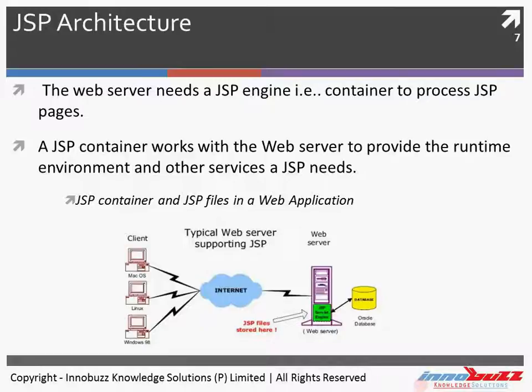JSP files will be stored here. It is shown in the diagram where it has a JSP engine to process all the requests, which in turn can access any kind of databases for serving the purpose. So this is the typical JSP container and JSP file shown in a web application.